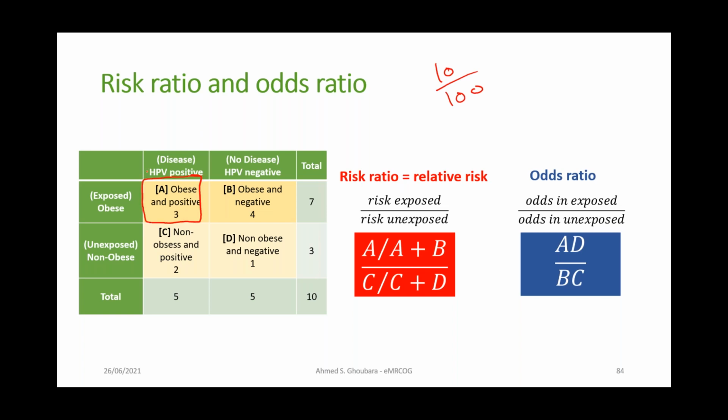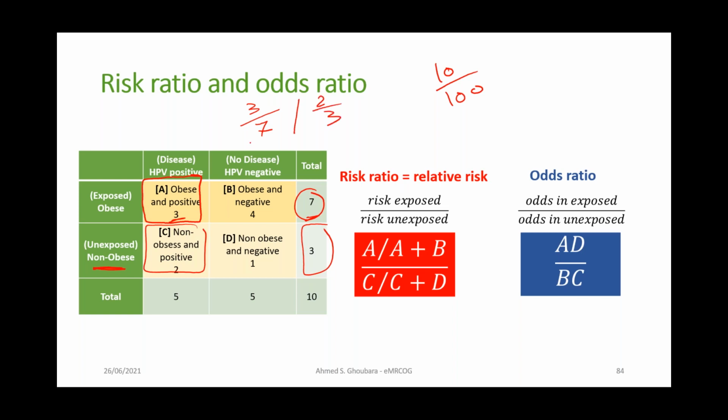So the risk of getting HPV infection while obese is 3 divided by 7. And the risk of getting HPV while not exposed, in non-exposed women, in non-obese women, it's 2 divided by 3.